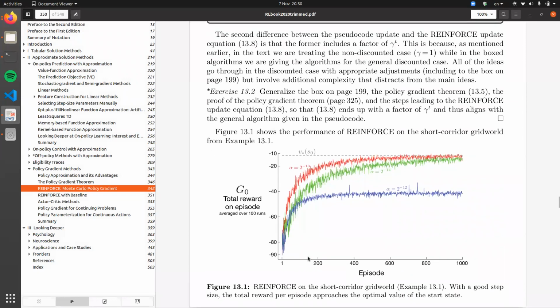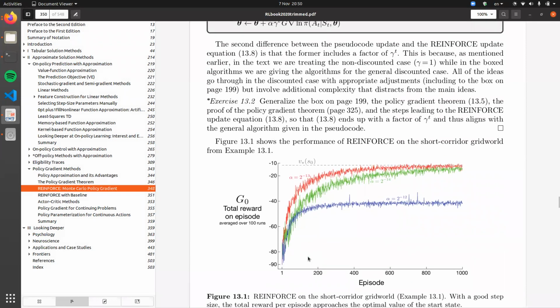The alpha values you were using were... The alpha values I have used to make the figure are 2e minus 4, 2e minus 5, and 2e minus 3. That's the same values I have, but in the book they have 2 to the negative 13, 2 to the negative 14, and 2 to the negative 12.